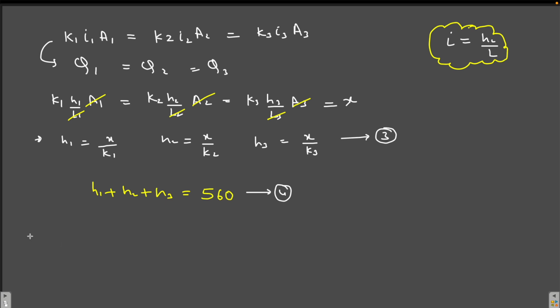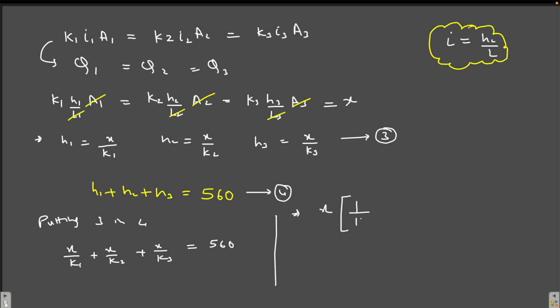Putting 3 in 4, what do we get? X by K1 plus X by K2 plus X by K3 is equal to 560, right? Or we can take X as common: X times (1 by K1 plus 1 by K2 plus 1 by K3) equals 560.